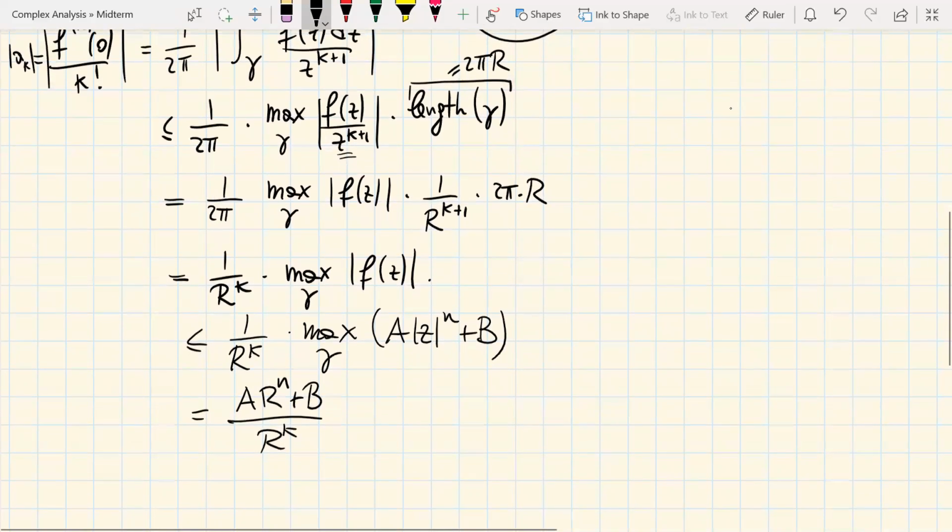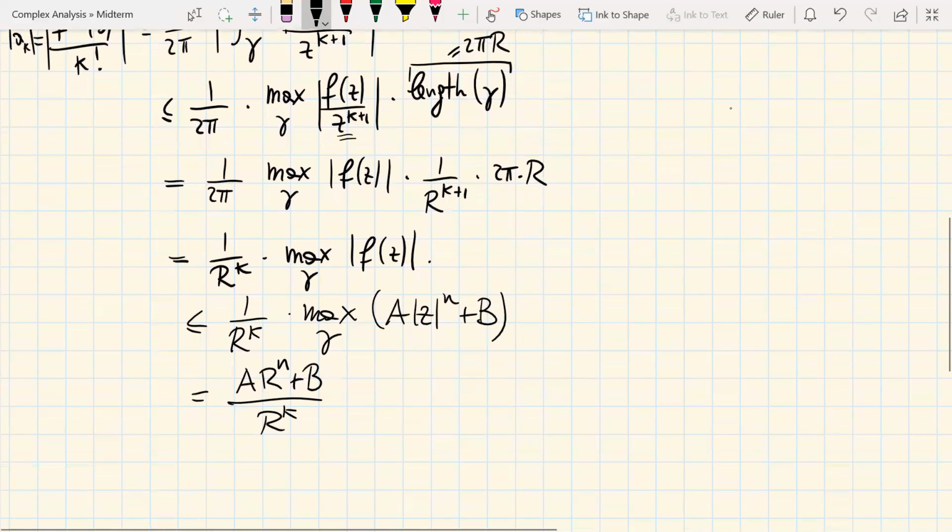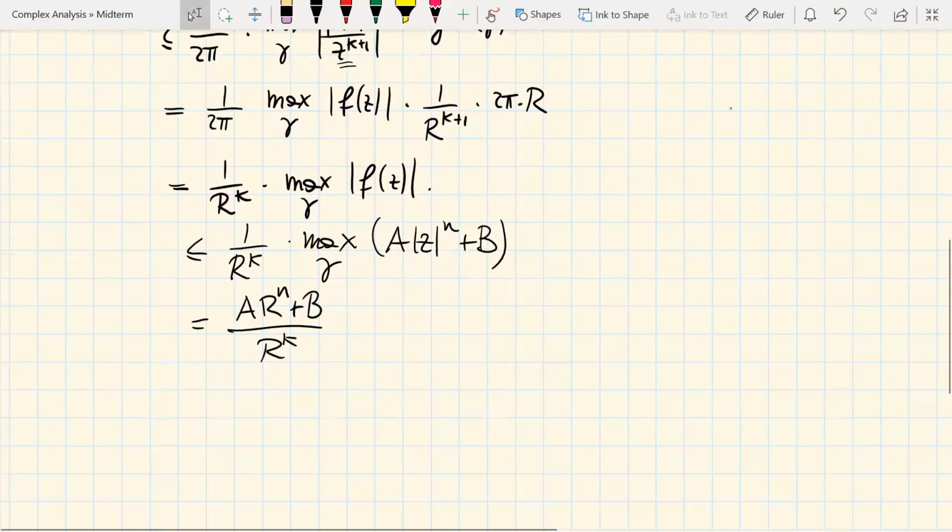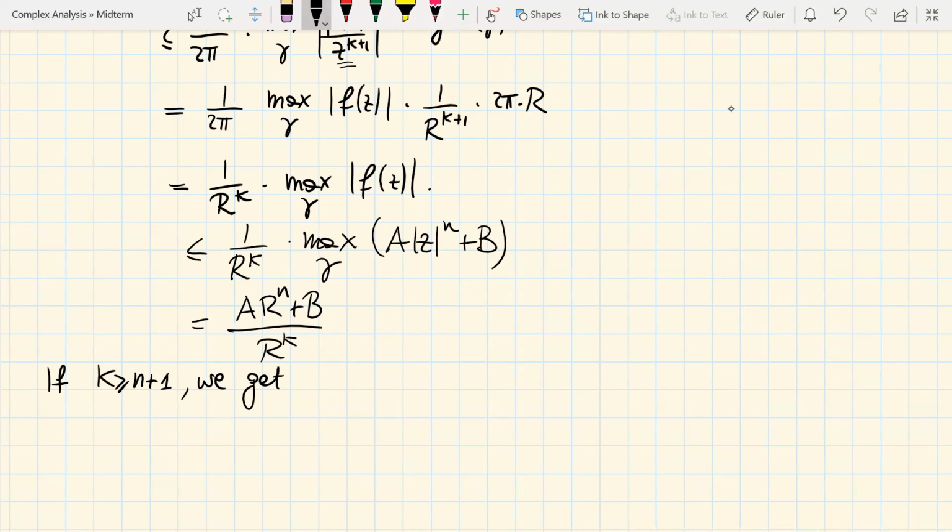So now we have this estimate, and what we do is we let r go to infinity. If k is bigger or equal than n plus 1, we get a r to the n plus b over r to the k.